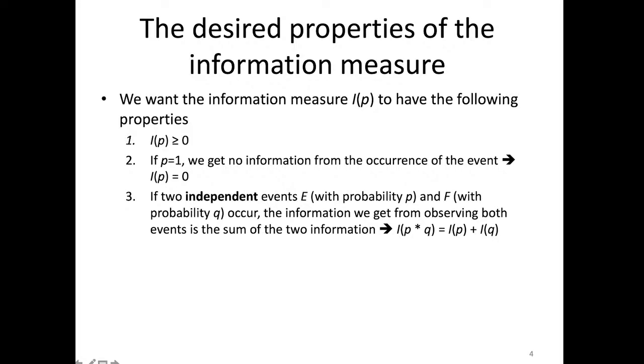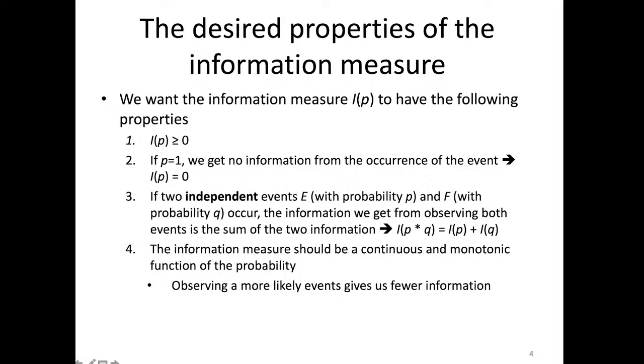And third, for two independent events, E and F, with probabilities P and Q respectively, the probability that they both happen should be P multiplied by Q, right? So we want I of P multiplied by Q to be I of P plus I of Q. That's the third thing we want to have.